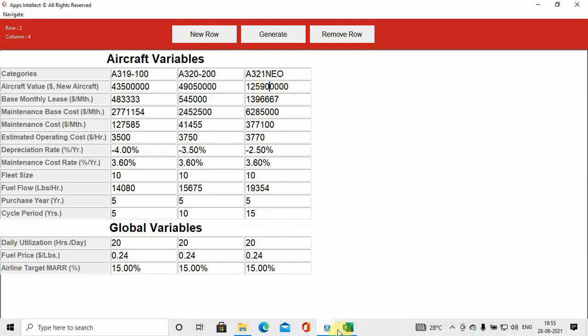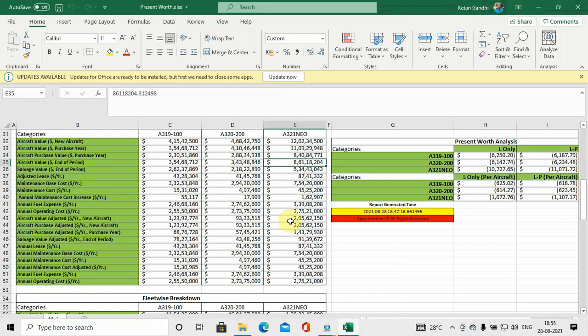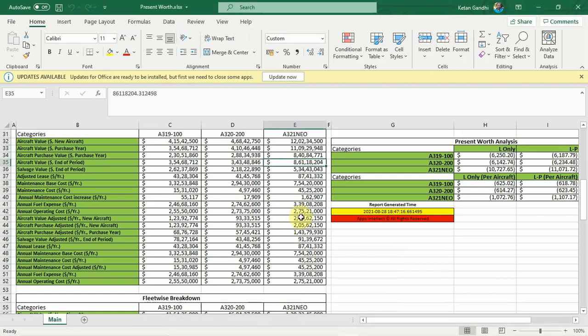And that would have the depreciation rate and the cycle periods and the original value of the aircraft. Then we'll have a salvage value at the end of the period, that is the estimated value after depreciation. Then we'll have the adjusted lease.